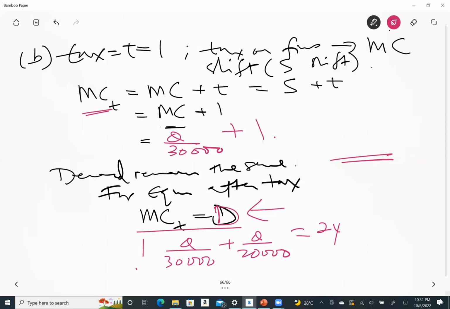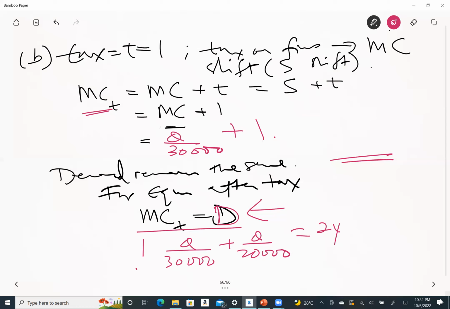So you factor out 20 and 30, and 30 and 20, so that will be 60,000, the multiple of 60,000. So you multiply both sides by 60,000. Then you can solve it.